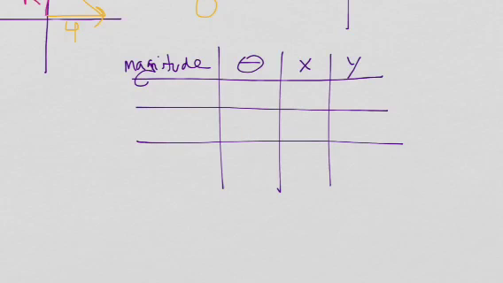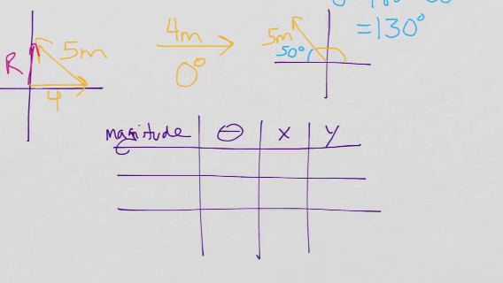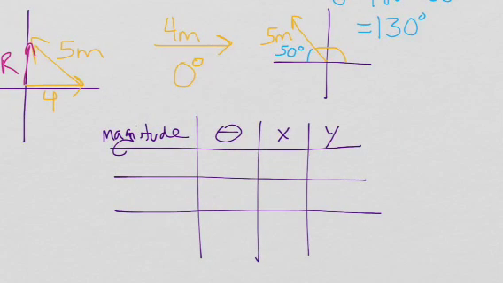So I have two vectors here. Now, the magnitude of my first vector is 4 meters, and the theta is 0. The magnitude of my second vector is 5 meters, and the theta is 130. You know what, I'm going to do those in a different color so it'll be easier.